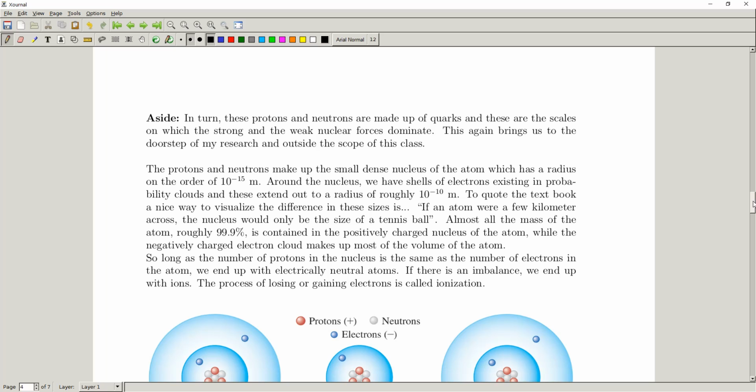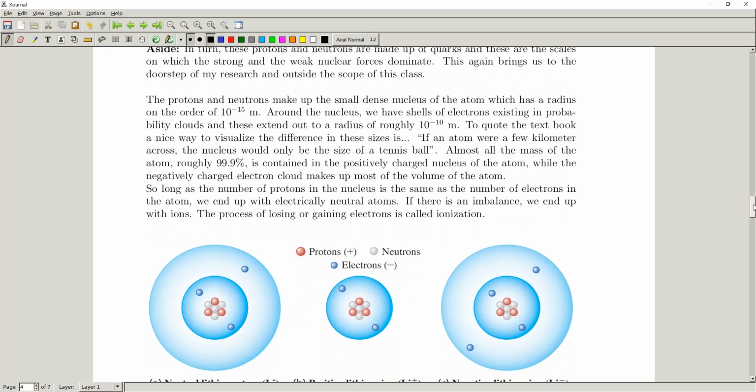And so even though the nucleus is much, much smaller in volume than these clouds of electrons, it makes up roughly 99.9% of the mass of the atom, even though the remaining 0.1% of the mass takes up the vast majority of the volume, right? Thinking back to a tennis ball versus a sphere that's a few kilometers in diameter, right? And so that's the idea that we want to keep in mind when we're thinking about an atom here.